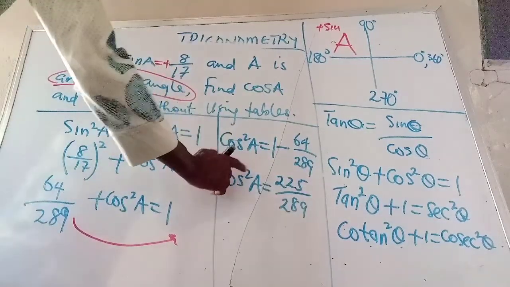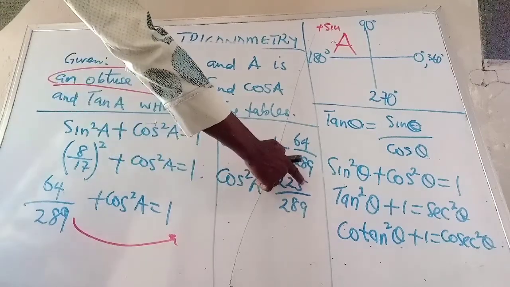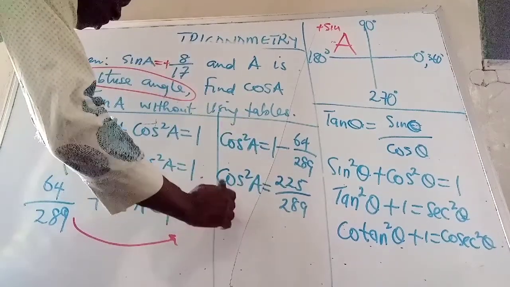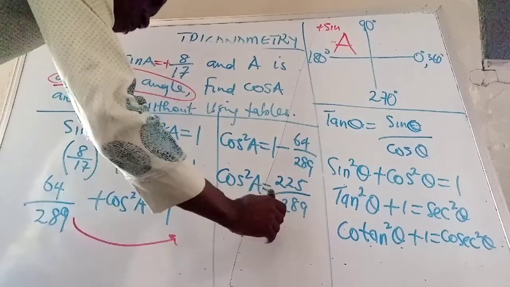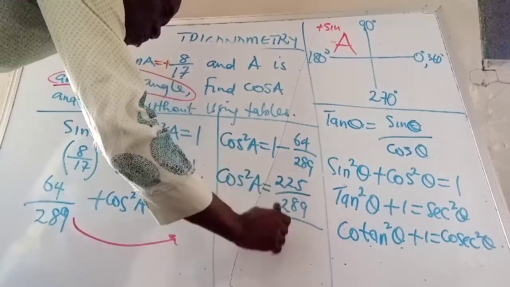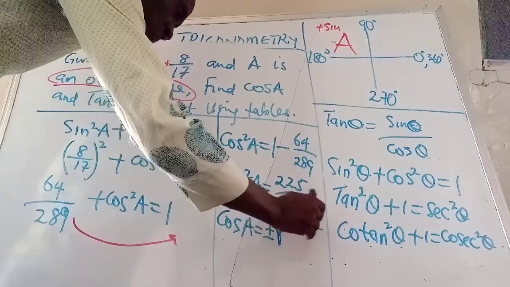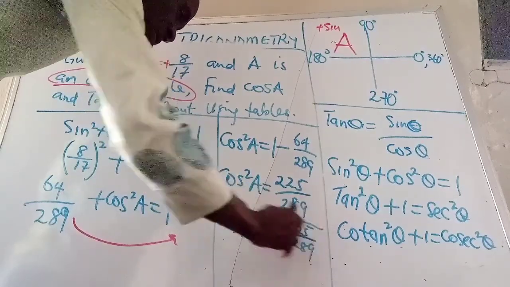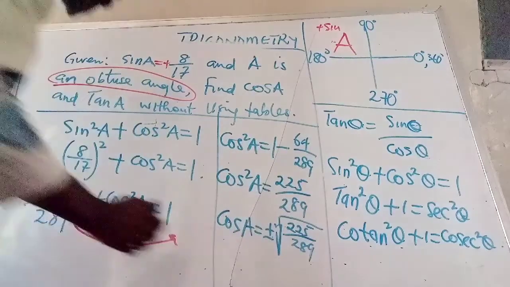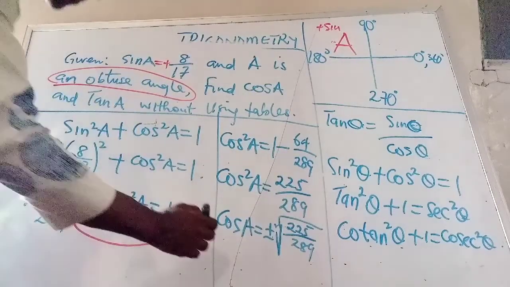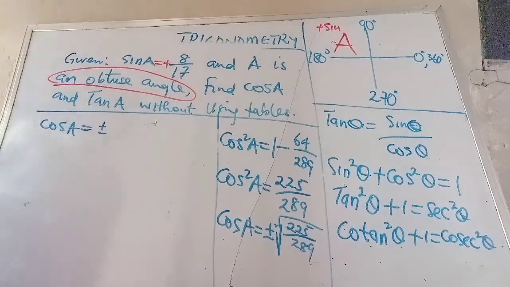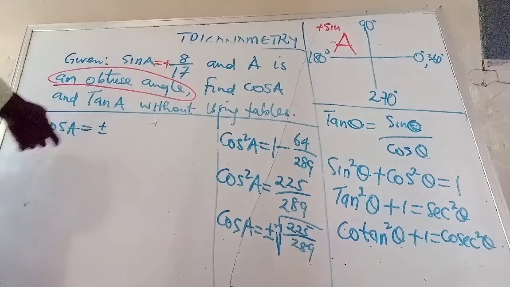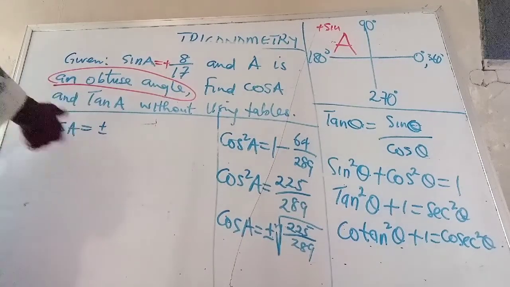So you now remove the square here by taking the square root of the other side. So cosine of A will be plus or negative value of square root of 225 over 289. And that means that cosine of A will be positive or negative.